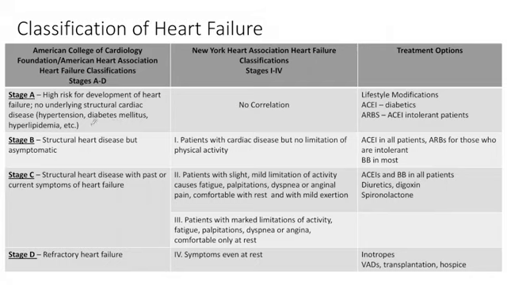Stage A is high risk of developing heart failure, no underlying structural cardiac disease yet, and there's no correlation with the New York Heart. And then that's lifestyle modifications, ACE for your diabetics, ARBs if they're intolerant. Stage B, structural heart disease but asymptomatic, same here. Stage D and class 4 are refractory heart failure, symptoms at rest. So that's how we classify it.